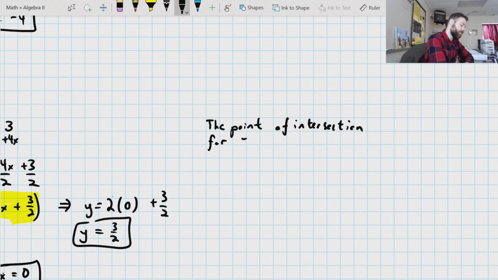So maybe I should talk about that for a second. What I'm saying is if I graph these lines, 7x minus 8y equals negative 12, and the other line, you'd actually see their intersection to be 0, 3 over 2. So visually. I hope that helps.